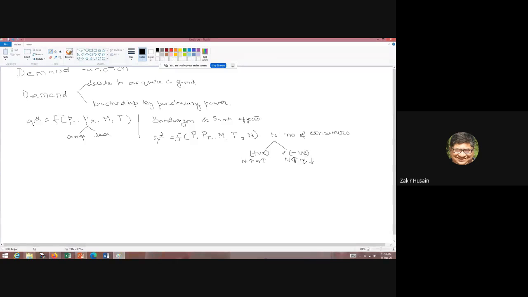Which is the bandwagon effect and which is the snob effect? Sir, the positive one is the bandwagon effect, and the negative one is the snob effect.